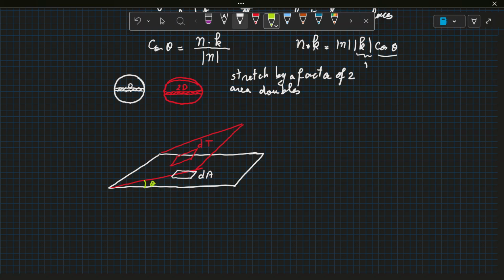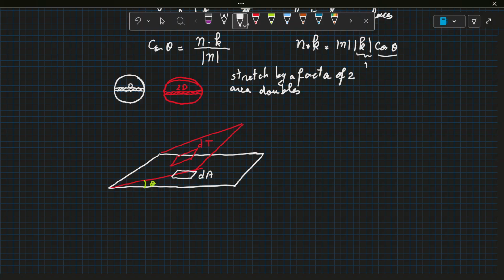Then what's the relationship between the areas? What's the connection between the area of the red one and the area of the white one? Of course, the two of them are related by this angle theta. Any length in the red one is a stretched version of the white one. The stretch factor is 1 over cosine theta.